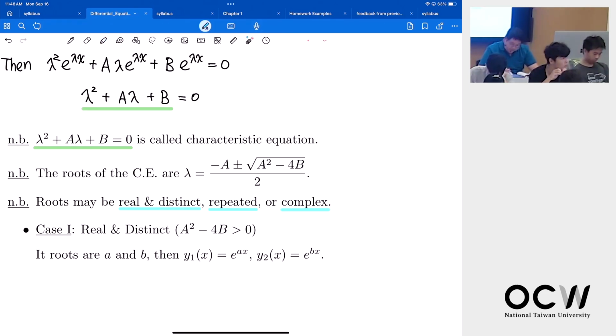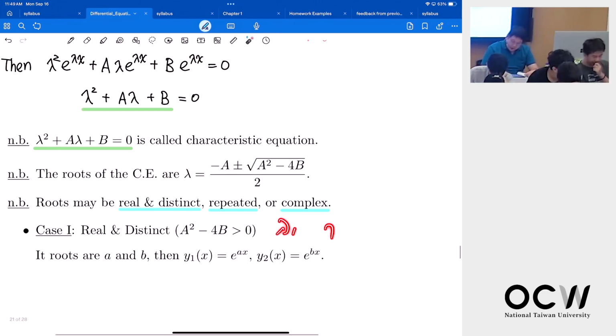What does real and distinct mean? It means that in the square root, a squared minus 4b is greater than 0. Then I have lambda 1 and lambda 2, because I have a plus and also a minus. Suppose they are a and b, then my solutions will be e to the ax and e to the bx.